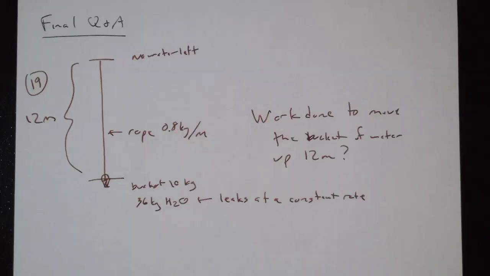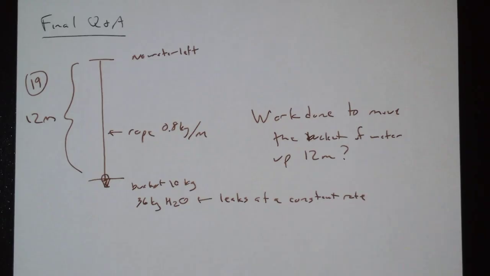We did a rope hanging the other day, the 100 feet worth of rope that we were pulling up. So I need to chop up the rope to figure out how much each bit moves. And then I need to figure out the water. The water drips out at a constant rate, and there's no water by the time we reach the top.